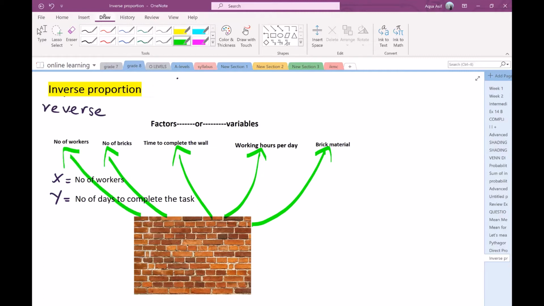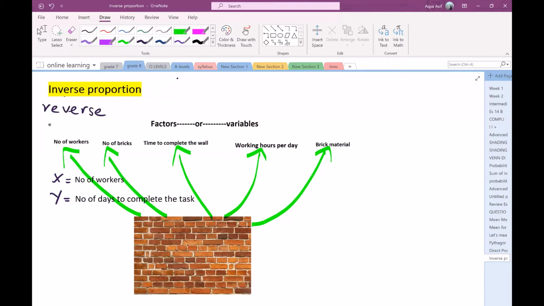Usually, these factors are also called variables. Why do we call them variables? Because they will vary when the situation changes. All right. And we have to see the effect of one change on the other variable.